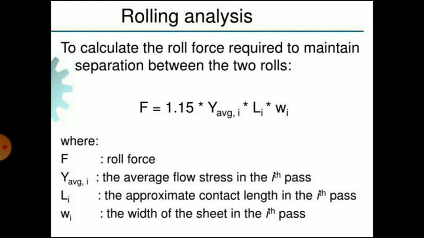Another formula is W equal to L into B into PAV, where L is the length of the arc of contact, B is the width of the sheet, and PAV is the average pressure. L can be calculated as L equal to the square root of R into delta T, where R is the roll radius and delta T is the difference between initial and final thickness.